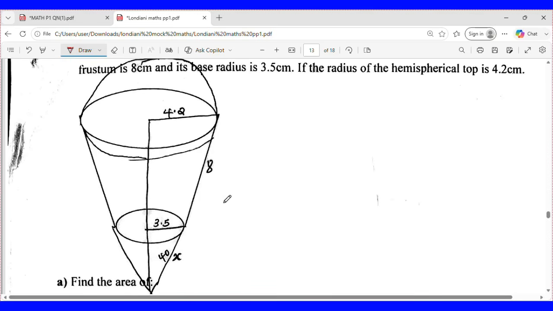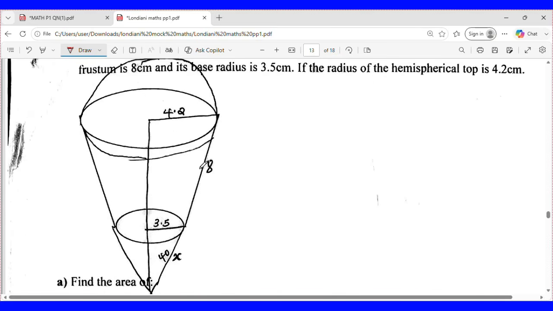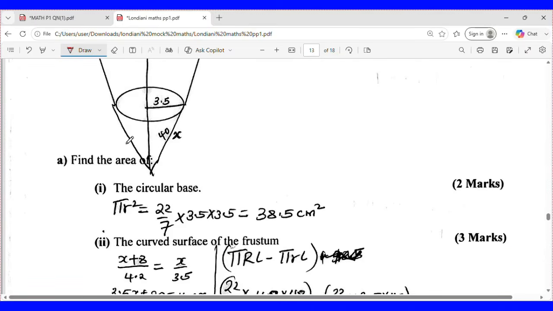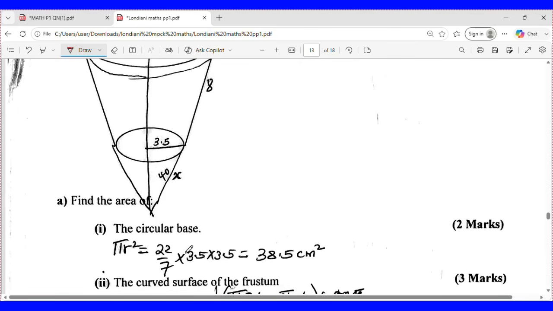Once you are given such a shape, it is your duty to make it the full cone by adding this section here. That will help you to get this x and whatever you do not have.